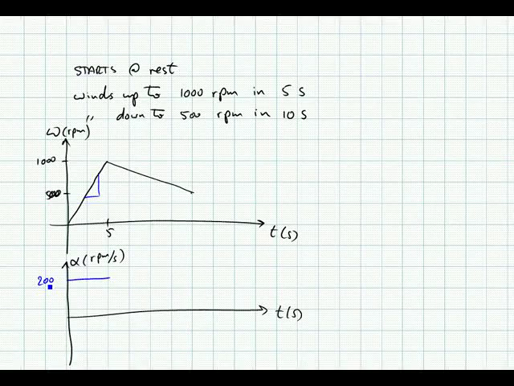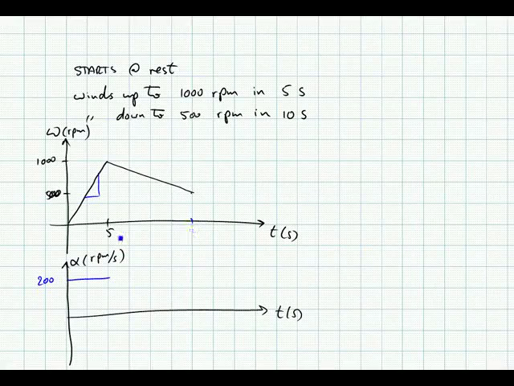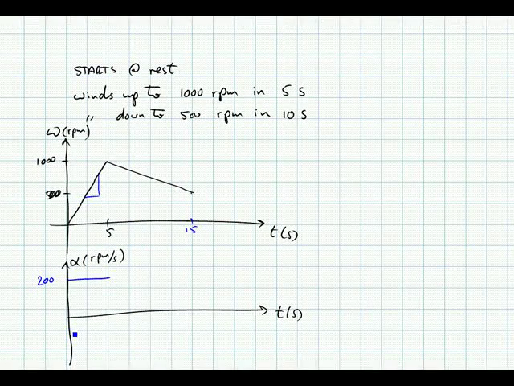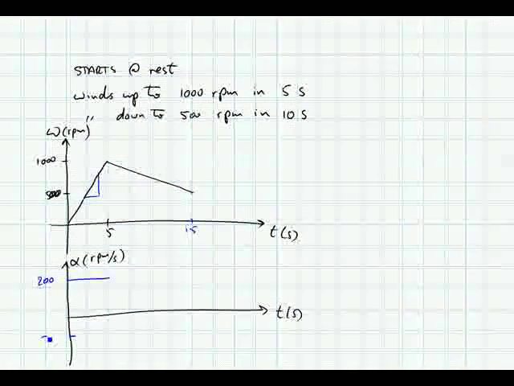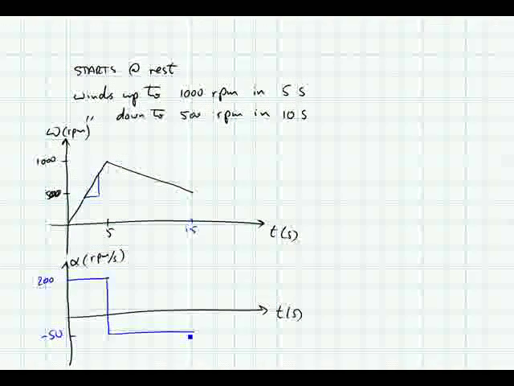And then for the second half, that's 10 seconds, we have 500 divided by 10, which is 50, negative 50 RPM per second.